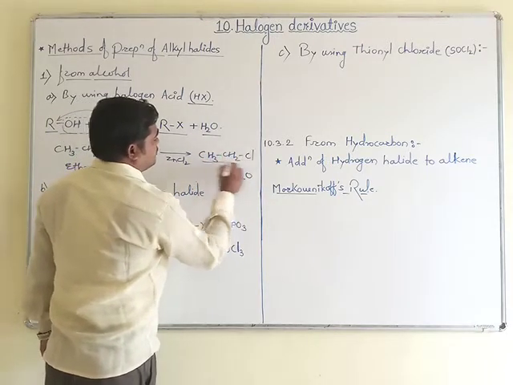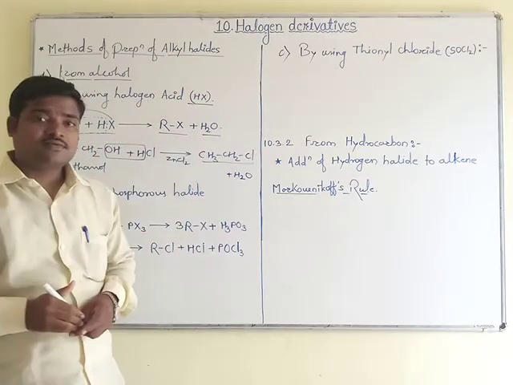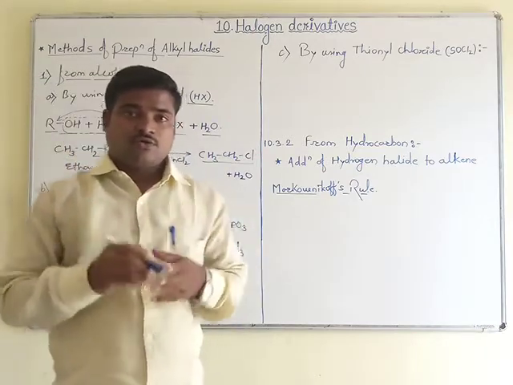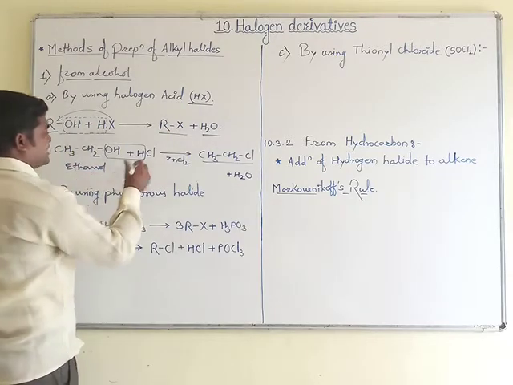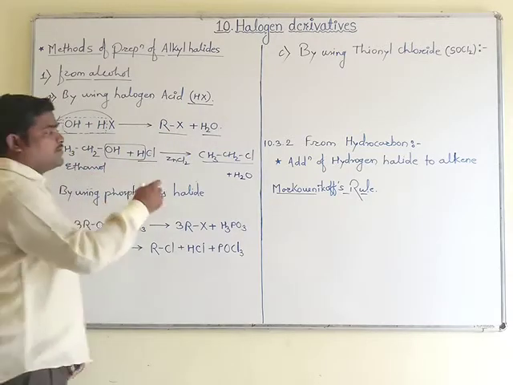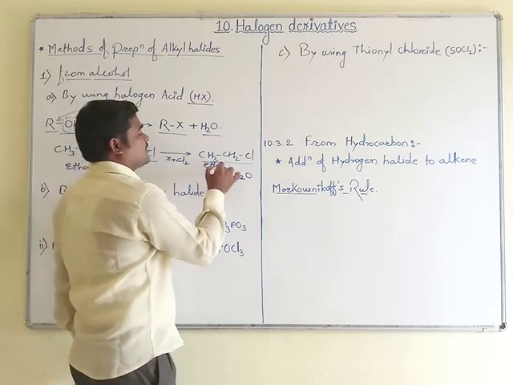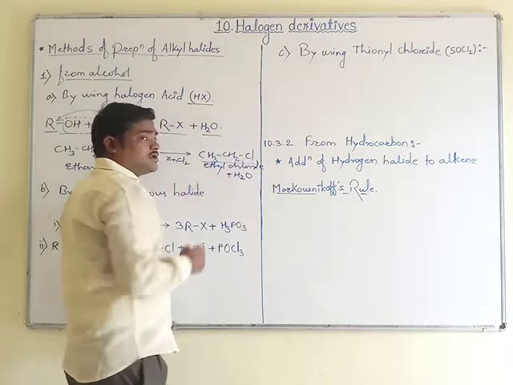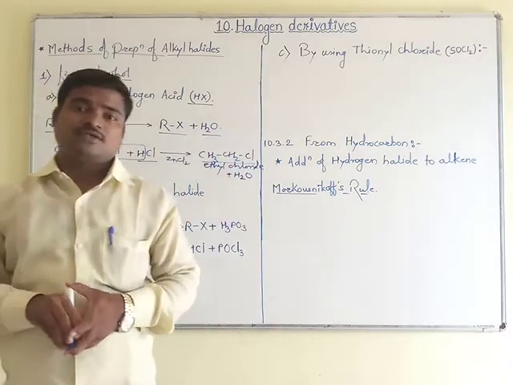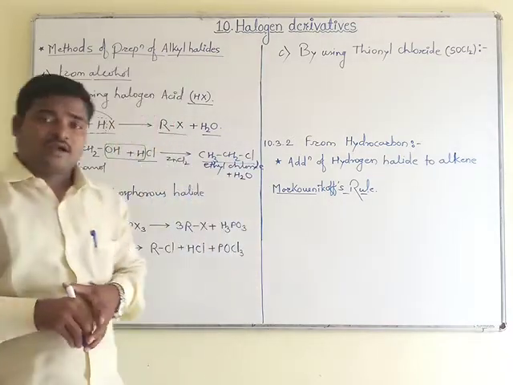So the name of this product is nothing but ethyl chloride. So with the starting material ethanol and hydrochloric acid, we can prepare ethyl chloride. This is the method of preparation of primary alkyl halides.